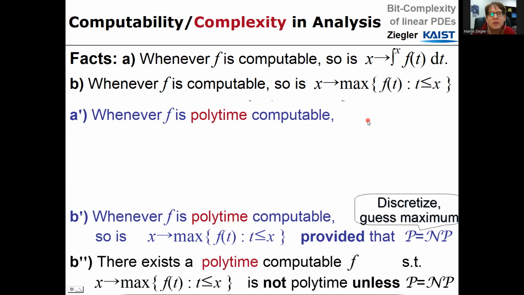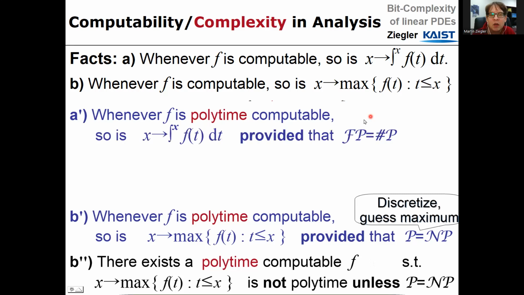Let's now look at the similar refinement of complexity theory of integration, parametric and definite and indefinite. So whenever f is polynomial time computable, then its parametric integral, indefinite integral, is again polynomial time computable, provided that now we have a stronger hypothesis, not just that P is equal to NP, but that FP is equal to sharp P, this larger complexity class.